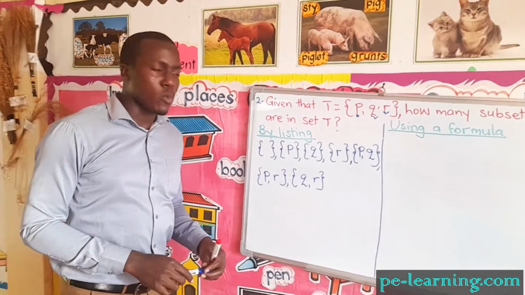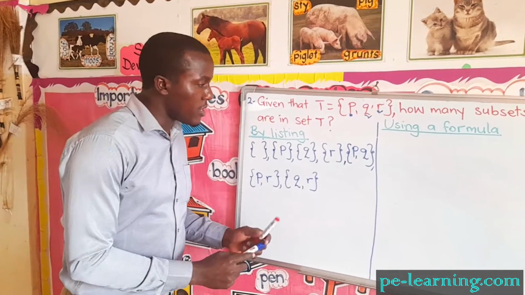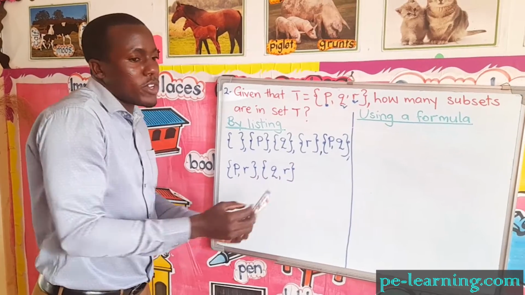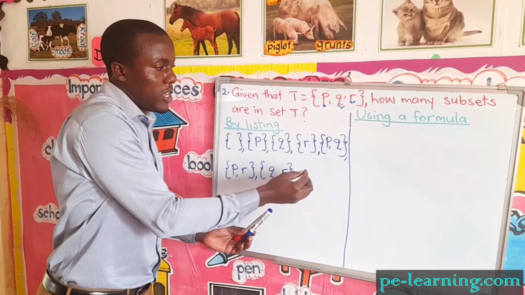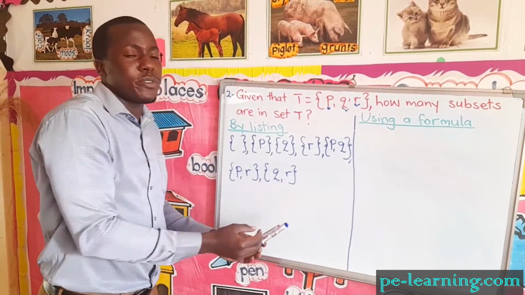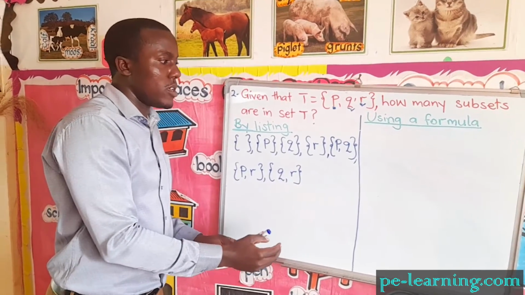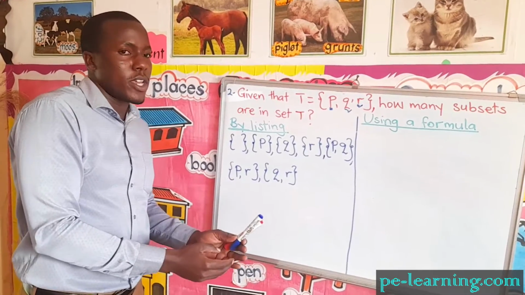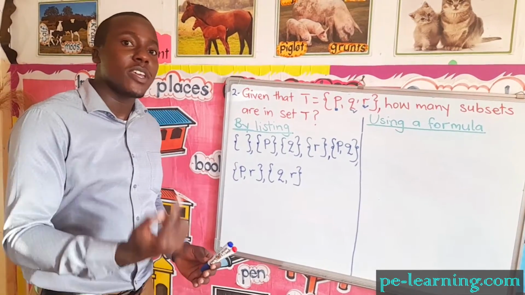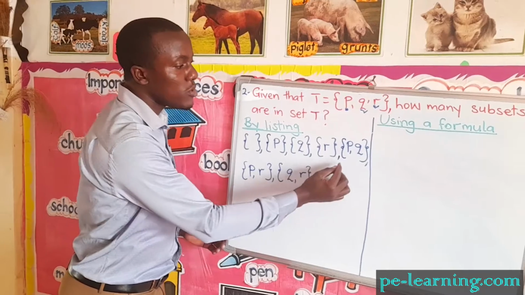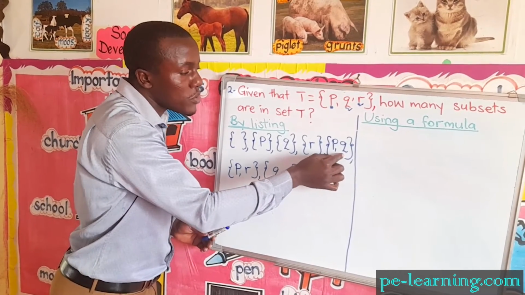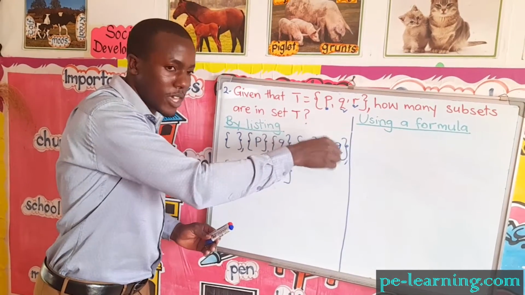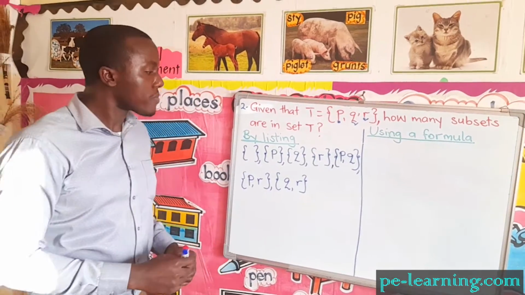You may find someone changing here. The person started with PQ, and then wants to change and say, I have QP, and calls that another subset. The change or the position of the elements does not mean that the subset has changed. The moment you have your subset as PQ, even if you change and say QP, it will remain that very subset.